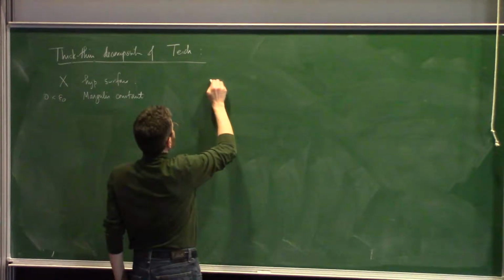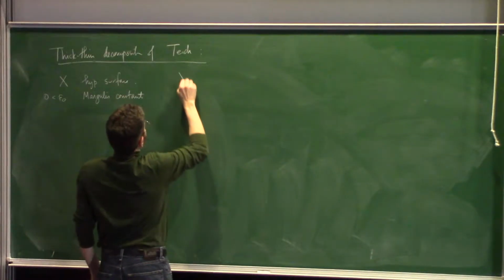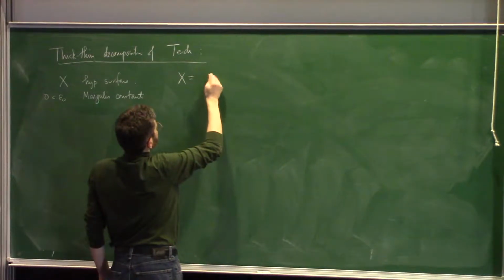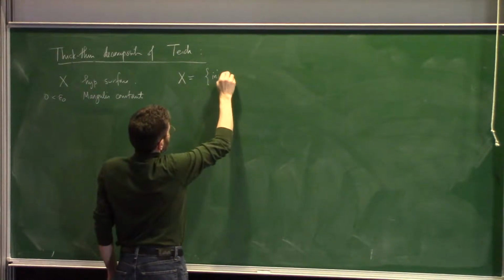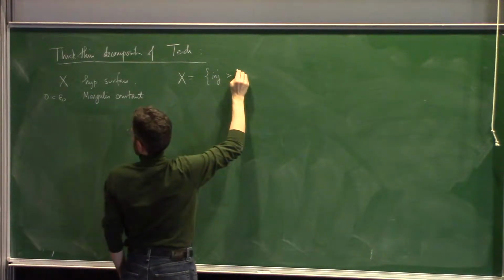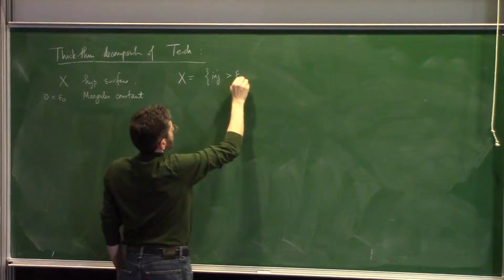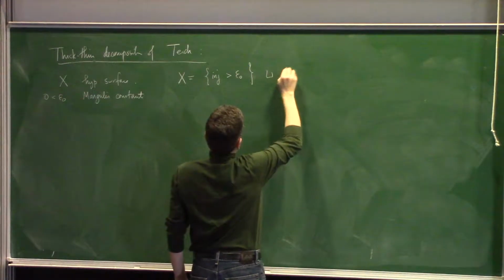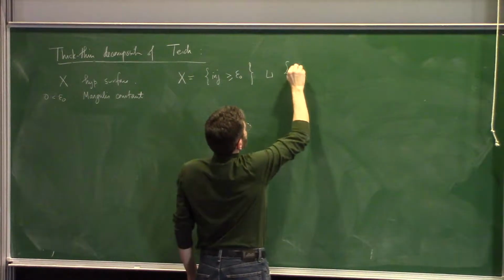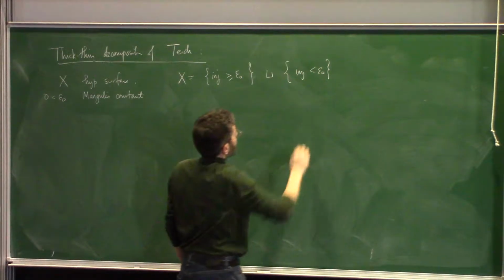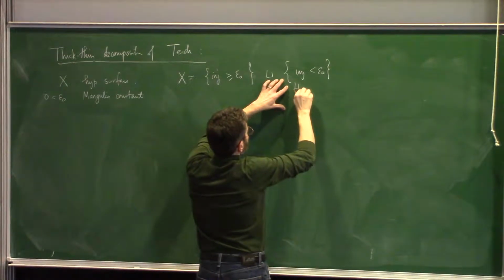X is a union of the thick part, which is where the injectivity radius is bigger than, let's just say epsilon naught, and where it's less than epsilon naught, which is called the thin part.